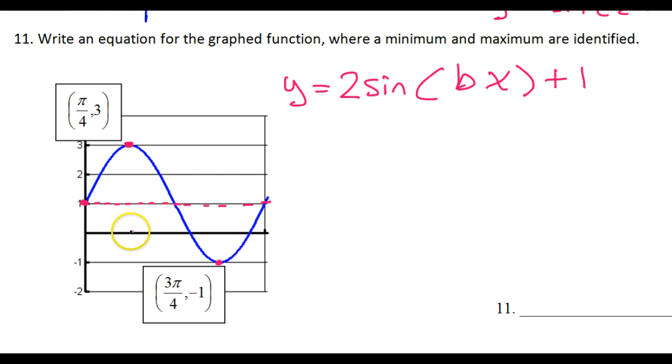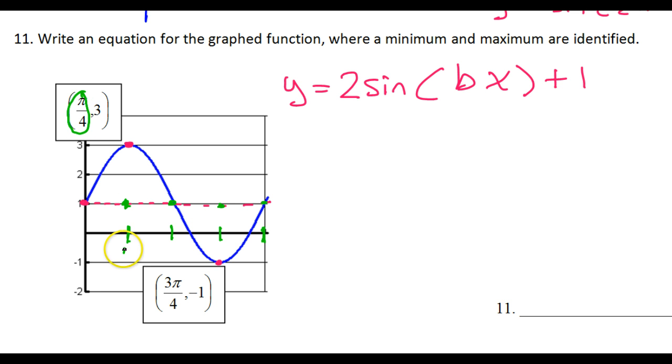Let's look at the x-axis. We normally will break this up into these 4 pieces, because we're looking here, here, here, and here. I'm just trying to mark this out. What I know is this first mark is at pi over 4.